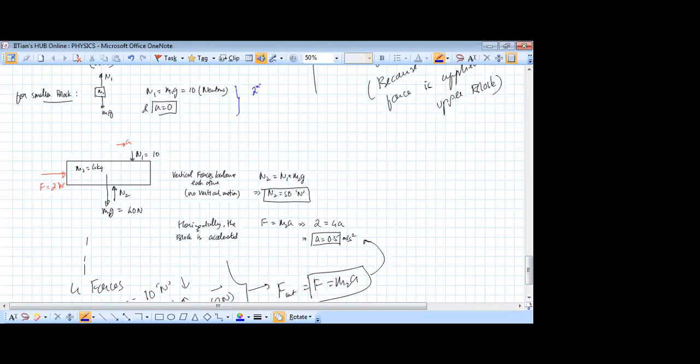So this is second law applied to the block M1, whereas lower here is the application of Newton's second law applied to the lower block of mass M2.